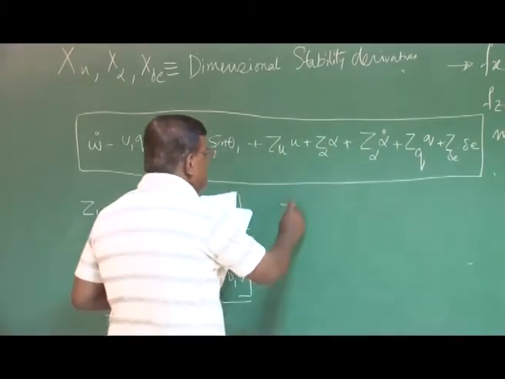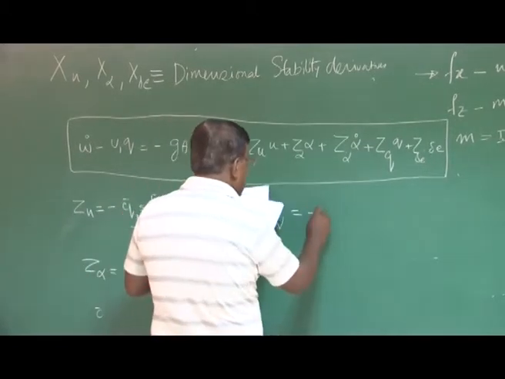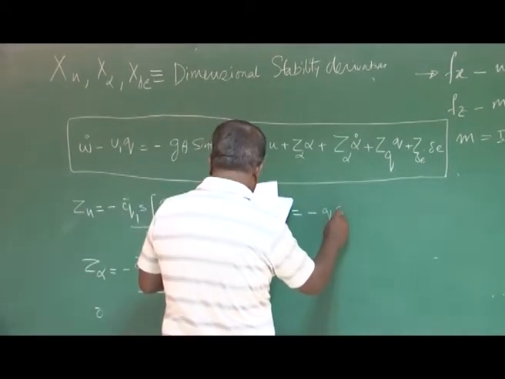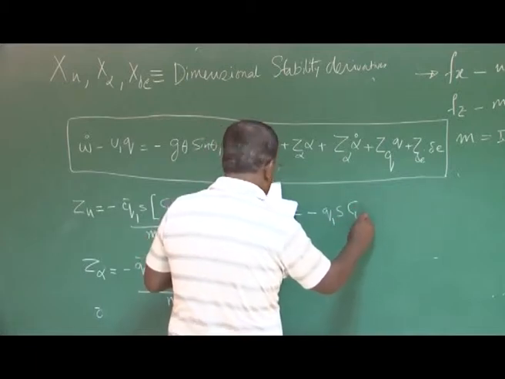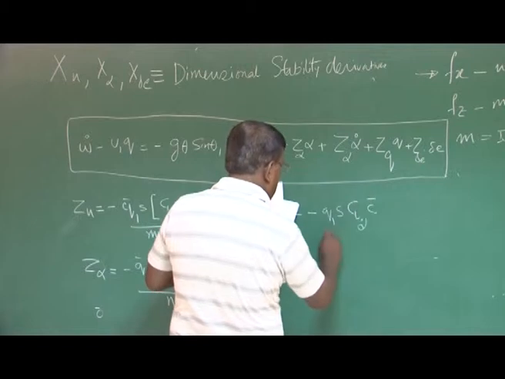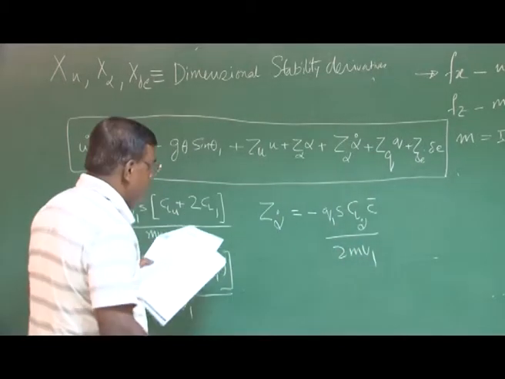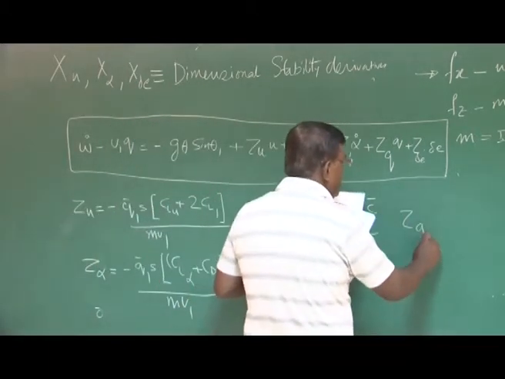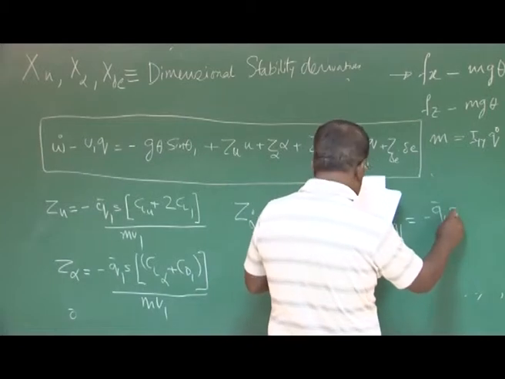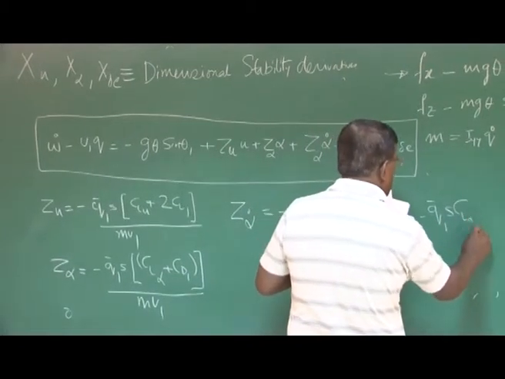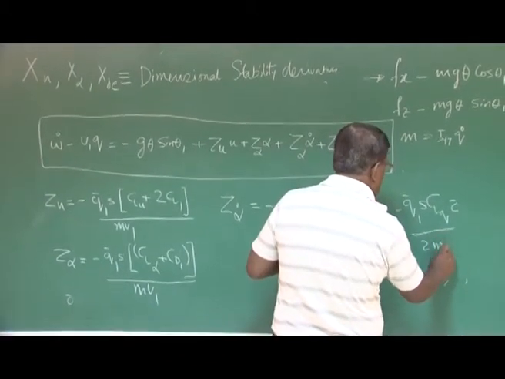Z_alpha dot will be given as minus Q1 S C_L alpha dot c bar by 2 m U1, and Z_q will be equal to minus Q1 S C_Lq c bar by 2 m U1.